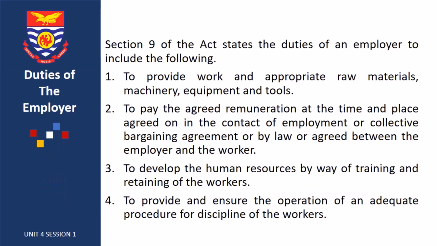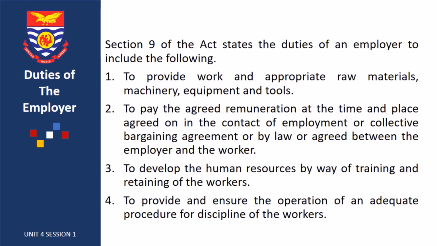Duties of the employer. Section 9 of the Act states categorically that the duties of an employer include: 1. To provide work and appropriate raw materials, machinery, equipment, and tools.